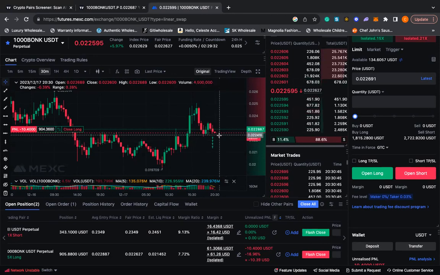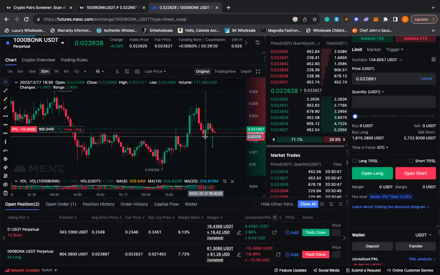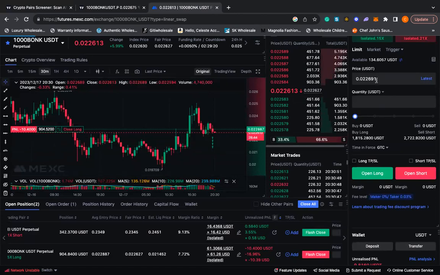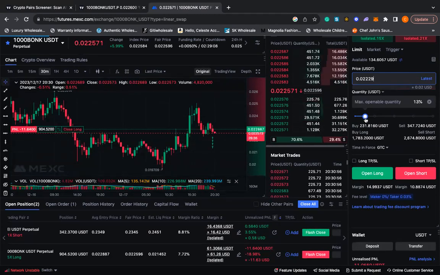For 1000 Bump, I'm going to do something different. I'm going to put another limit order in. I'm going to bounce off this wick right here, which is a point that the market has already hit more than once. And I'm going to put a limit order in for 0.02229. Just in case. 10%.